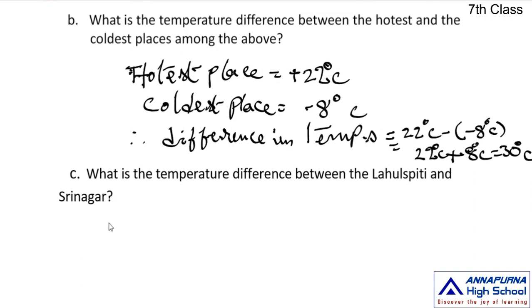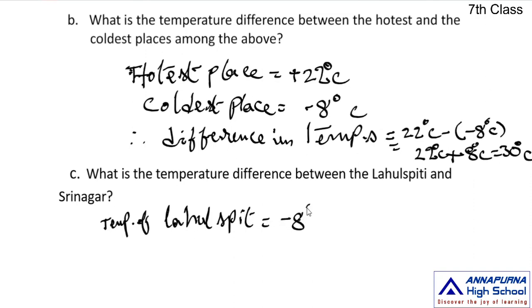Now come to the third one. What is the difference between Lahul Spiti and Srinagar? Lahul Spiti, as you know, is the lowest temperature place. Therefore, write the temperature of Lahul Spiti is equal to how much?